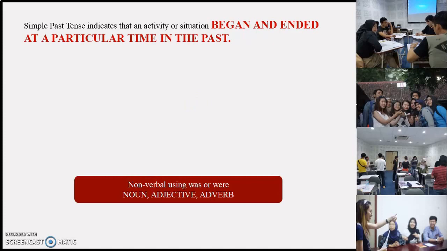Simple past tense indicates that an activity or situation began and ended at a particular time in the past. Right? Because the name is past tense, so it must happen in the past. There are two types. The first one, we use was or were in a sentence if the sentence is using noun, adjective, or adverb.